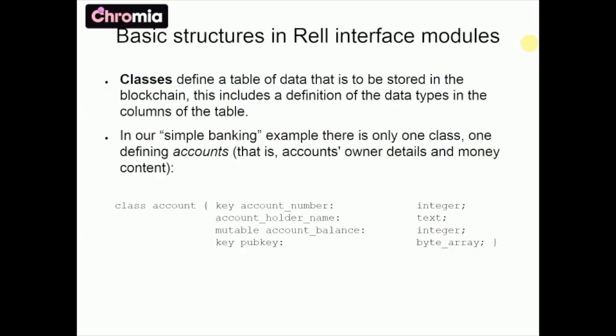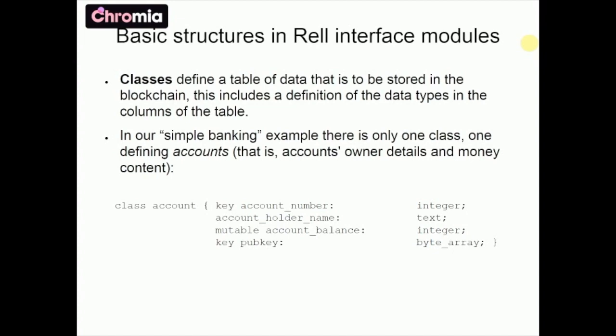Some basic structures in RELL interface modules, that is the RELL code. Classes define the tables with which you can store data in a blockchain, and this includes a definition of the data types a table should contain. In the simple banking example we go through here, there's only one class, and that class defines accounts.